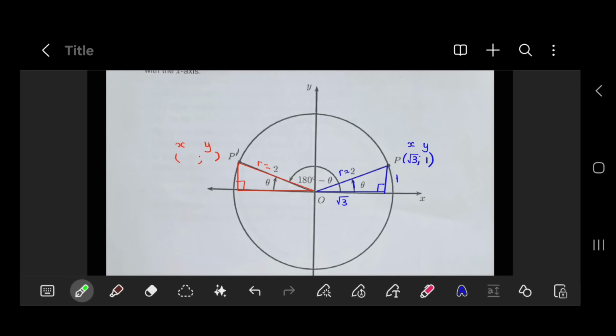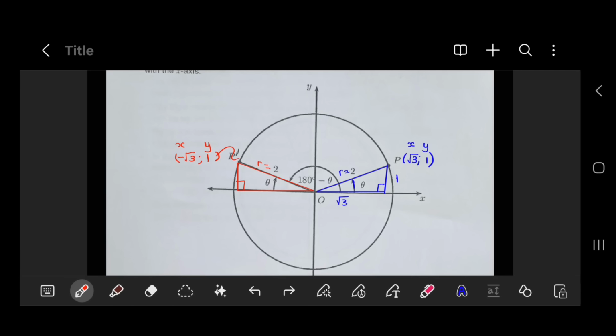The x coordinate changes sign. So the x coordinate of the image of P would be negative square root 3. And the y coordinate would be the same. It would be 1. Why it's going to be 1 is because the image of P and the point P are vertically in line with each other.